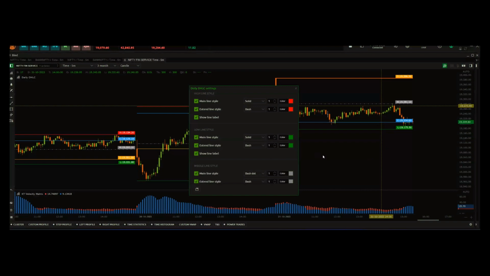Every day, the market trades in a certain range, and the way the market trades in a certain range is very, very important for the next day's trading session. When you're a day trader, you should not simply blindly look at what the market is doing at that moment. Of course, we have tools like order flow or footprint charts to help us analyze supply and demand at that moment.